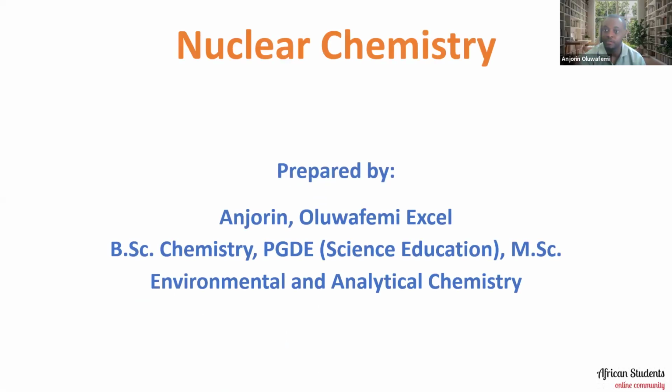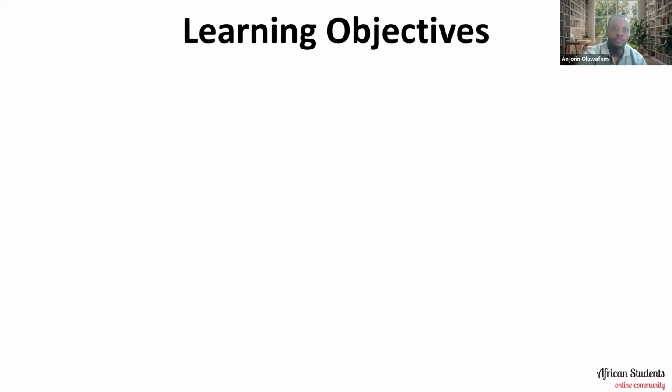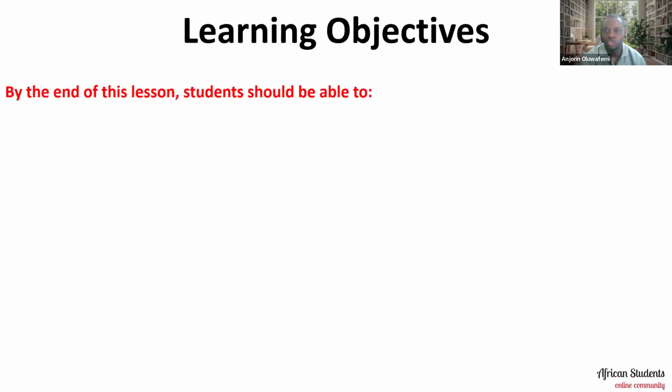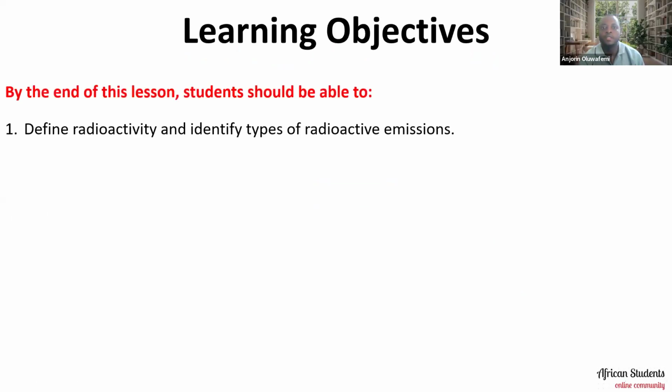I want us to start off with our learning objective for this lesson. By the end of this lesson, students should be able to, one, define radioactivity and identify types of radioactive emission. That's the first goal.